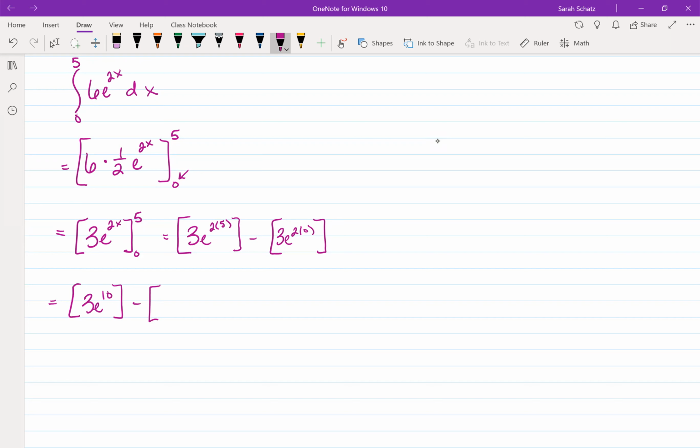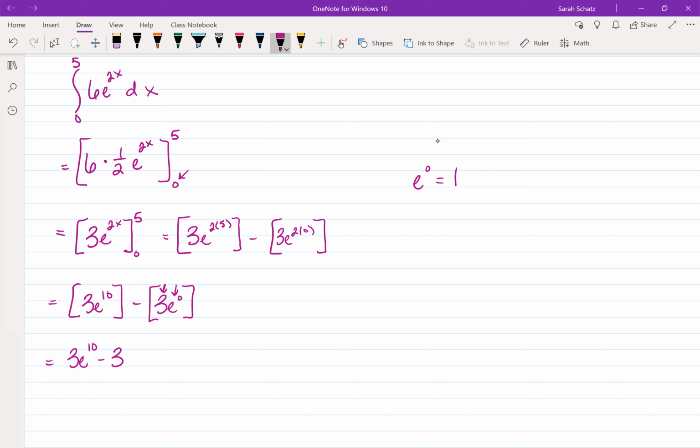You guys, 2 times 0 is 0, so we get 3e to the 0. But don't automatically assume that that zeroes out, because what is e to the 0? Isn't that just 1? You guys, everything to the 0 power is 1. So what we really get is 3e to the 10th minus 3 times 1. So really just minus 3.